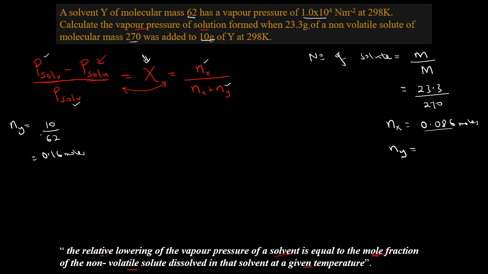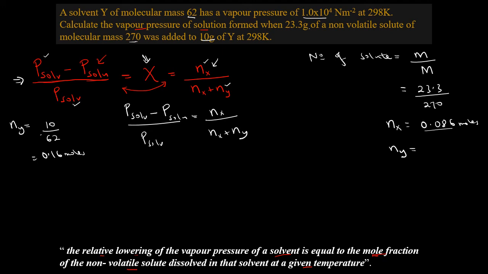So we are going to substitute in this equation. Maybe we can rewrite it as the vapor pressure of the solvent, minus the vapor pressure of the solution, divided by the vapor pressure of the solvent, being equal to Nx, the number of moles of the solute, divided by the total number of moles, Nx plus Ny.